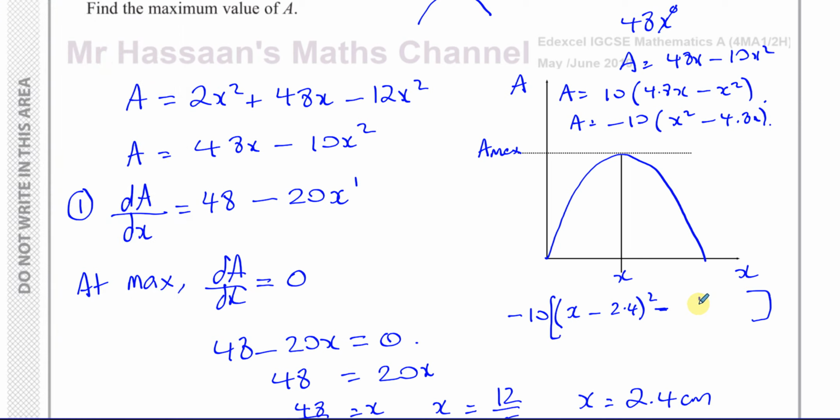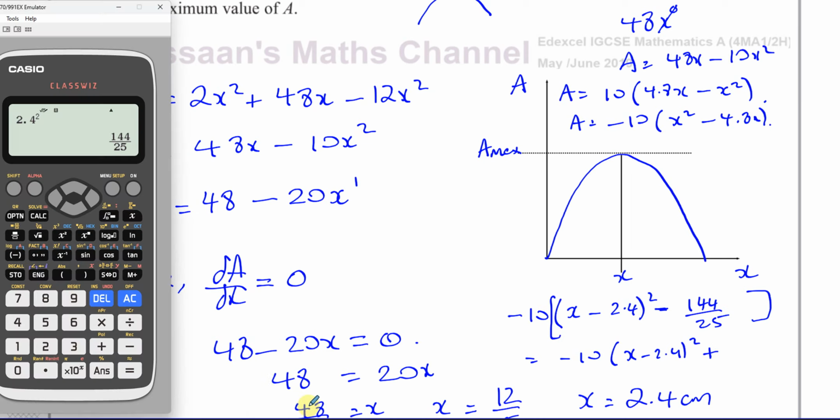I'll write it like that for now, no problem. 144 over 25. And then I have to multiply both of these by minus 10. So I have minus 10 times x minus 2.4 squared, and here I'm going to have plus 144 over 25 times 10.